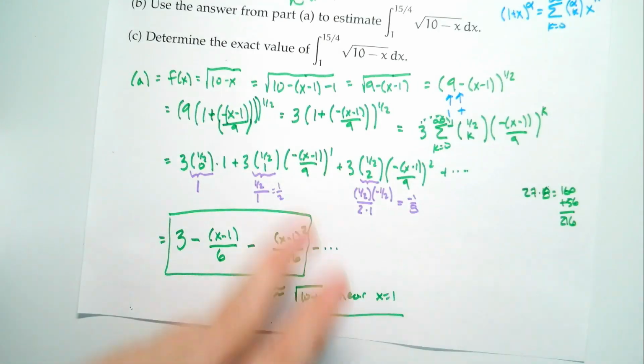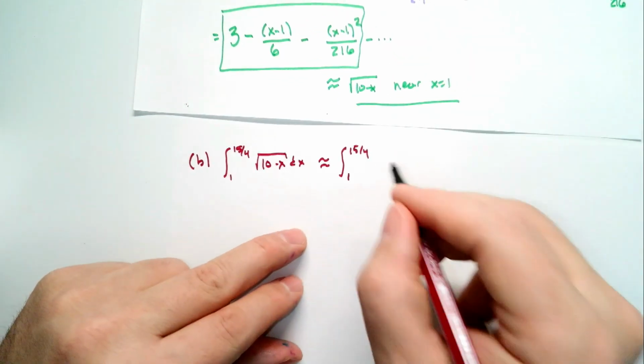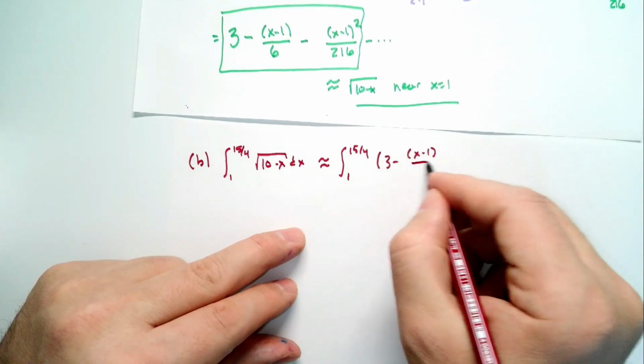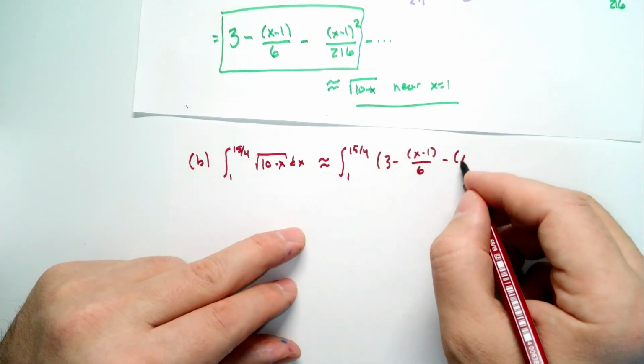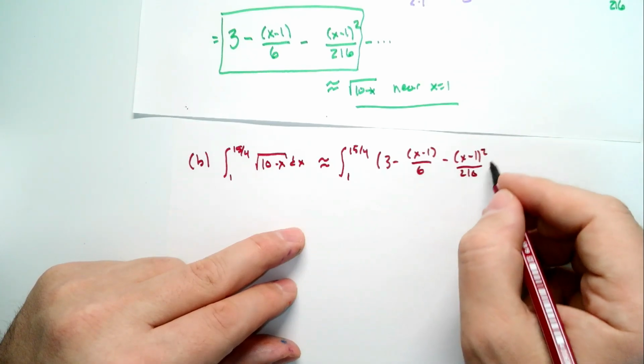So what we've just found is that this is the function 3 minus (x minus 1)/6 minus (x minus 1) squared over 216.